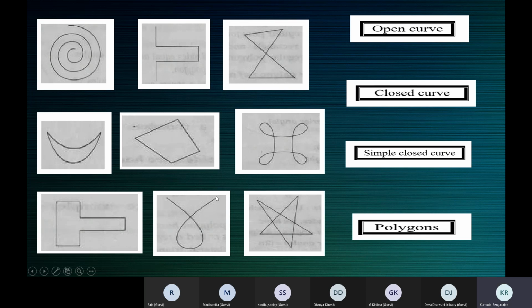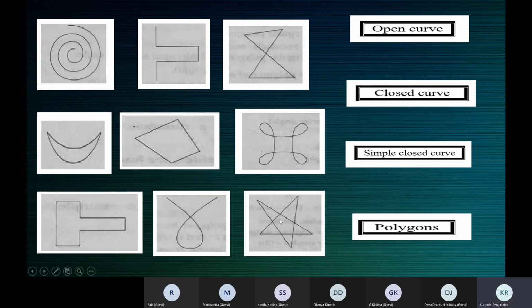This is the end point. This is the finish point. So the start point is different from the end point. So what kind of a curve is it? It is a curve, but it is an open curve, ma'am, because the start point is not equal to the end point. It's an open curve.